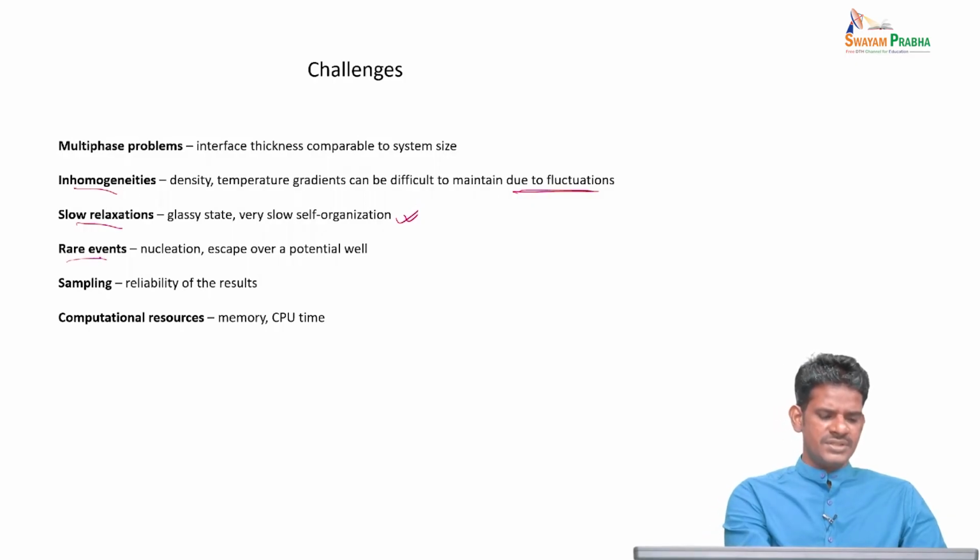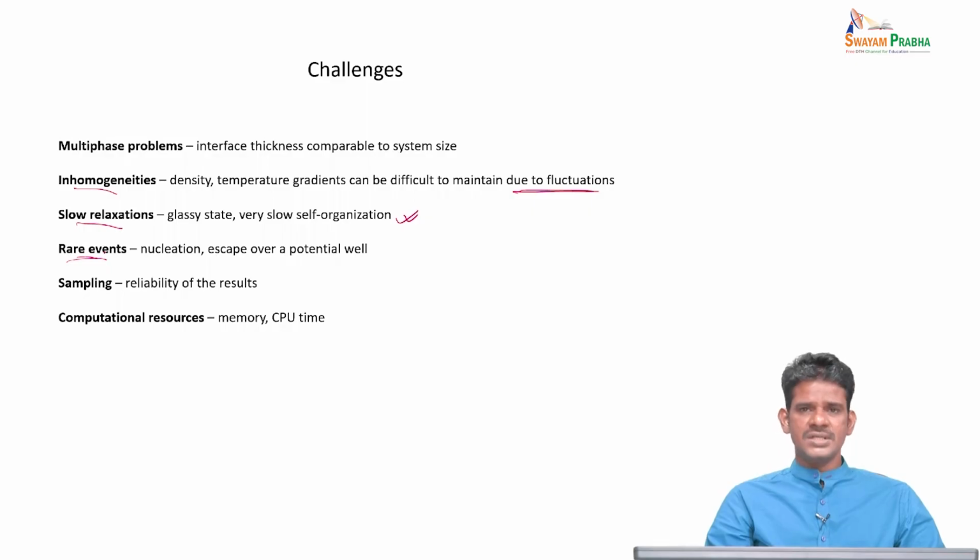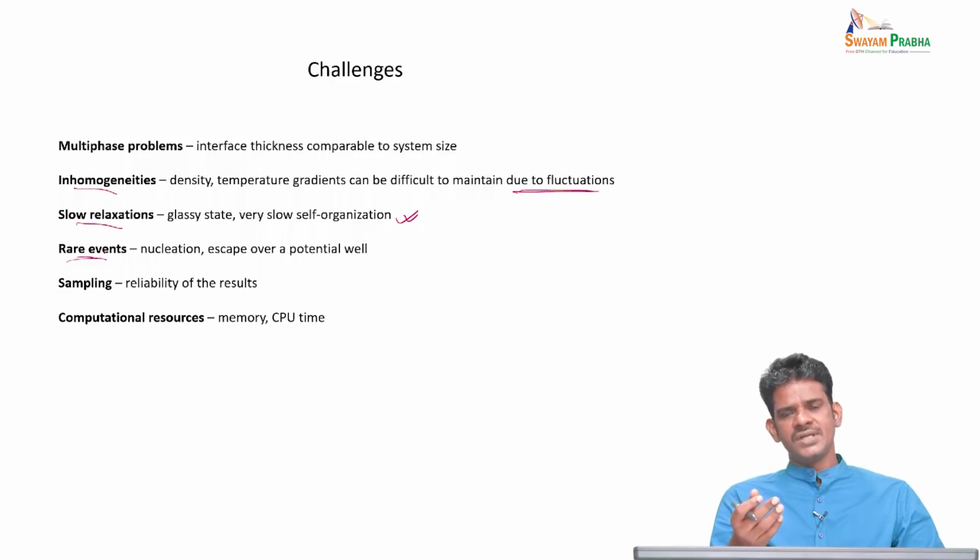There are certain processes which are known as rare events, because these are activated processes. There is an energy barrier to cross, and when you try to apply MD simulation for such rare events, you will see that your simulation does not really show any changes in time. So it will look as if the system is stagnant, not moving to a new phase.